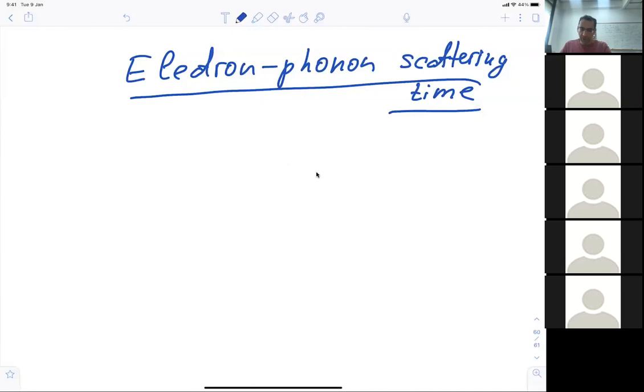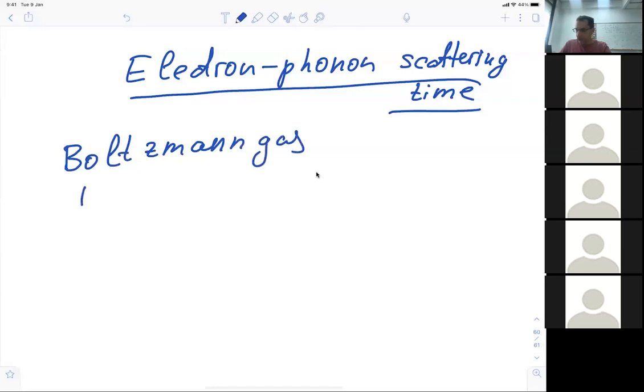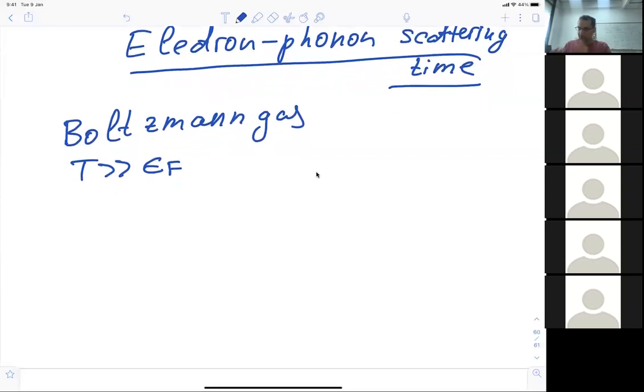So let's try to compute scattering time. Let's start with a simple limit of a Boltzmann gas. Assume that temperature is much larger than Fermi energy, so the electrons are essentially non-degenerate, absolutely classical particles.